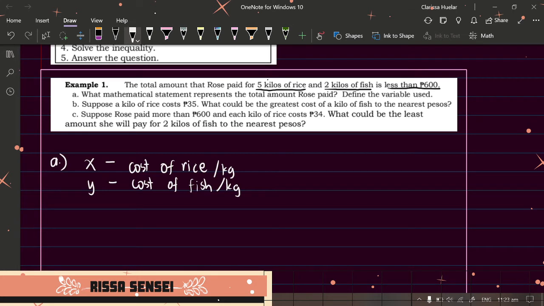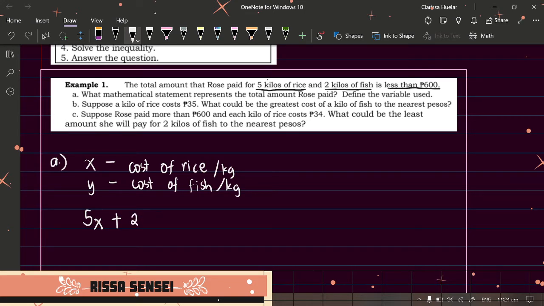And, ano yung magiging mathematical statement natin or mathematical sentence? Diba, she bought 5 kilos of rice. So, that's 5 kilos times kung magkano ang 1 kilo. So, that's 5x. And, so we use the addition sign, kasi pinagsama, 2 kilo ng isda.